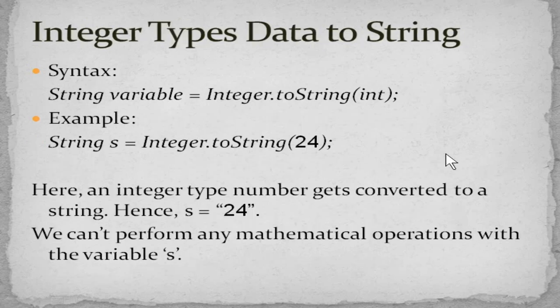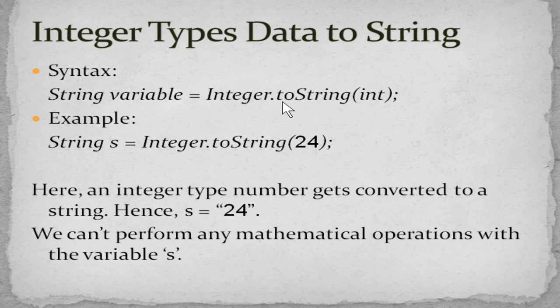Now you are going to do the vice versa process, that is integer type to string. On the left hand side you will have a string variable because the result will be a string, and on the right hand side you will have Integer.toString, and within parentheses you will have integer type data. It can be a variable also. So the integer value will be converted into a string.